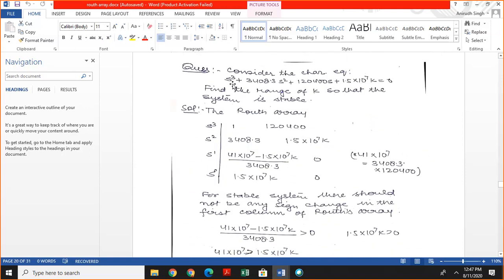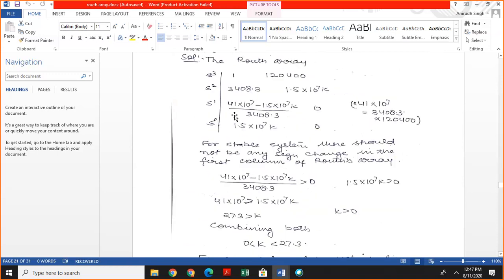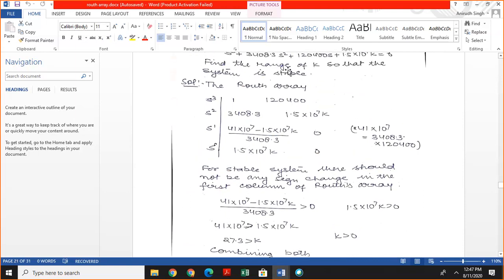Consider the characteristic equation, which is this. Find the range of k so that the system is stable. Form the Routh array, and for a stable system, all the elements of the first column should be positive.